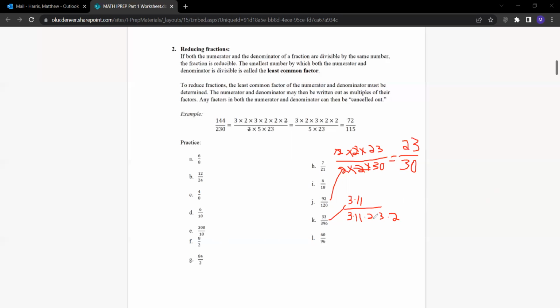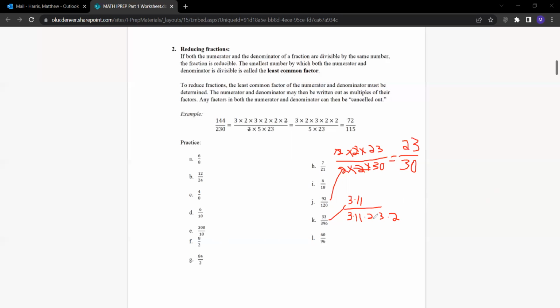And so as you can see, when you're factoring, you can kind of tailor it to your problem. So we know the numerator, the 33, only has 2 factors, 3 and 11. So then we can kind of see if our denominator, 396, is divisible by those same numbers.